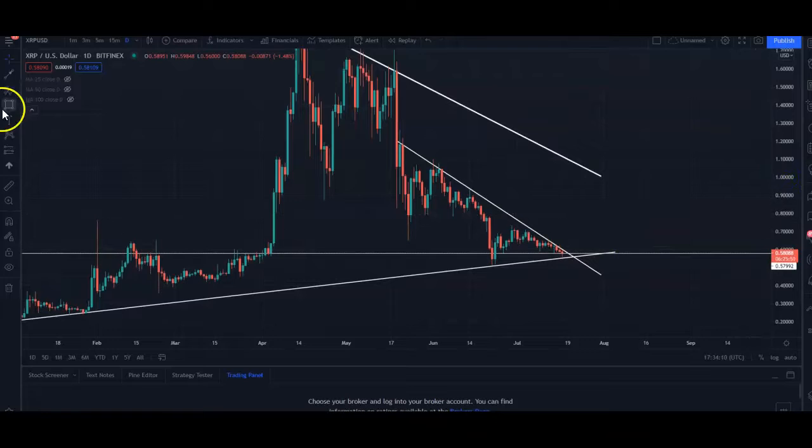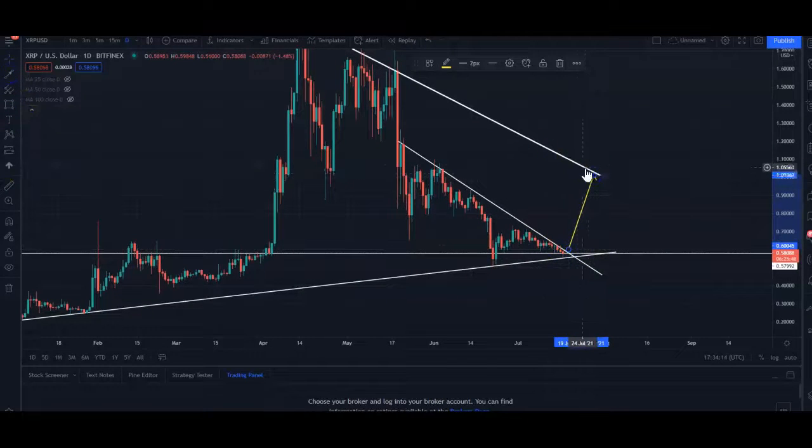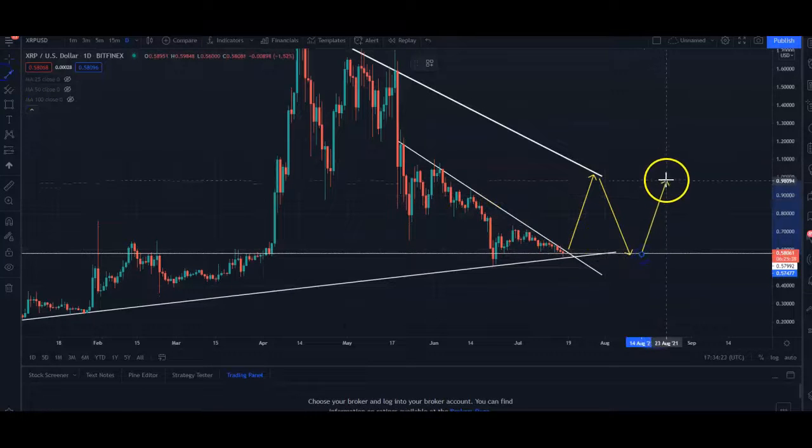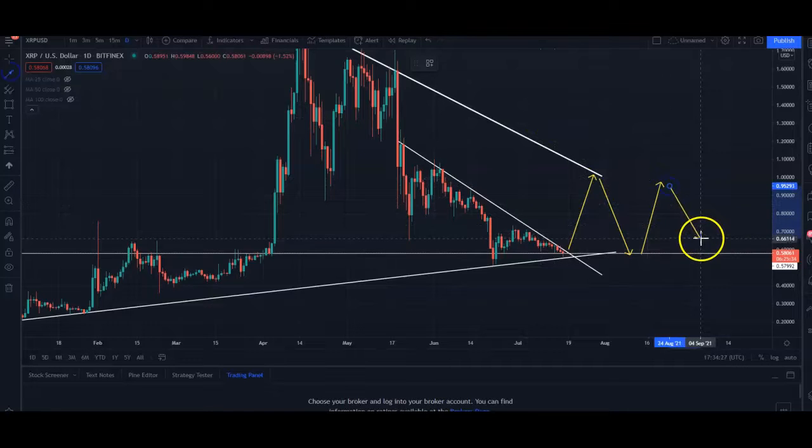And again, if price broke through this zone, it could actually come all the way up to here and then get knocked back down. And we could have a consolidation, kind of like a ranging price movement in between this zone.